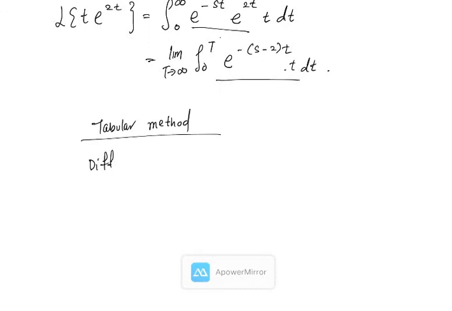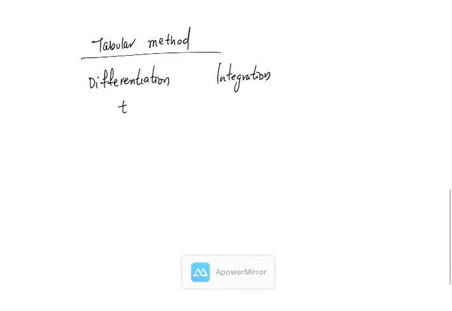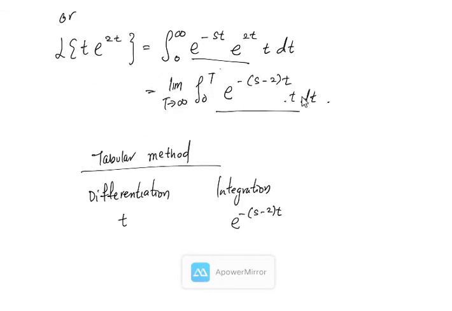Okay, so the left hand side is the differentiation and the right hand side is integration. T and e^(-(s-2)t), this one. T is the differentiation, e^(-(s-2)t) is the integration.